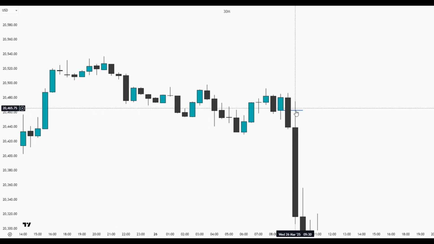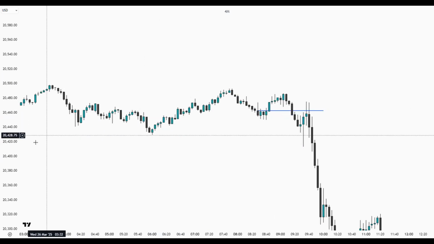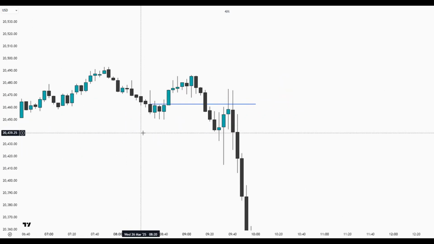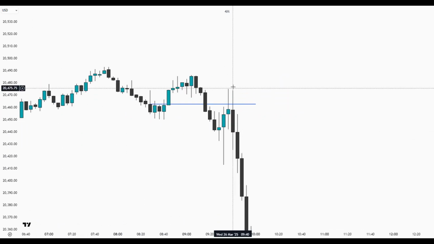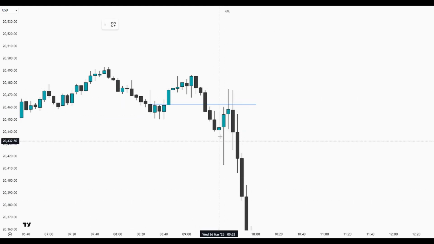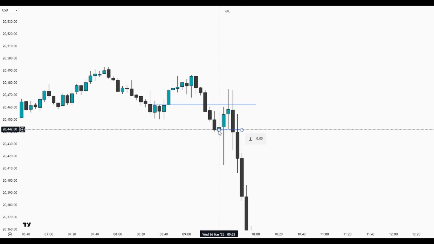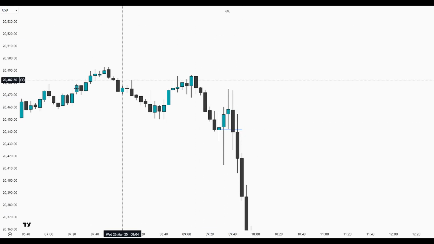I was not quick enough to get involved in the 9:30 candle right here, so I went to a lower time frame and I found myself on the 4 minutes. Price tapped into here and I saw these up close candles right here, 3, and I said to myself, I'm going to wait until price closes below this one right here.